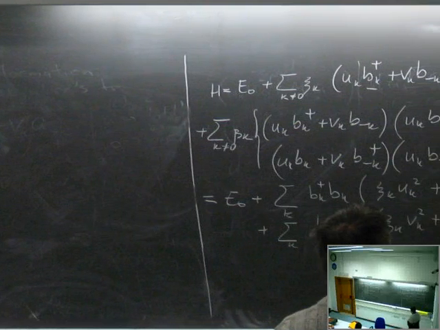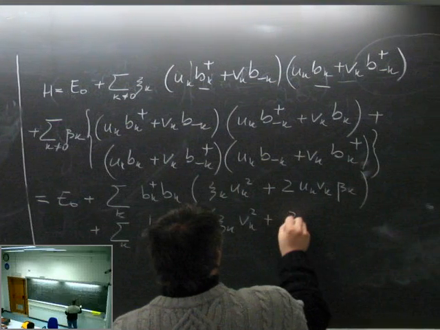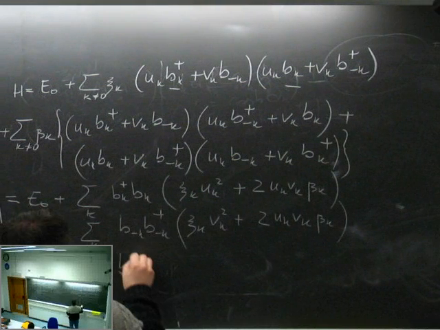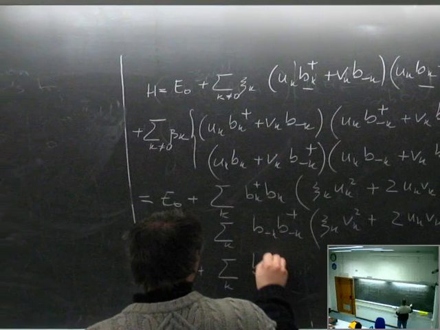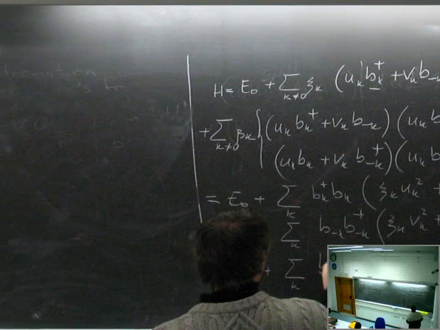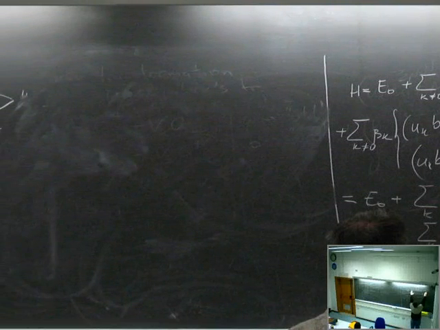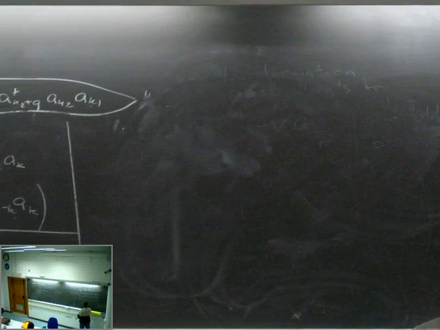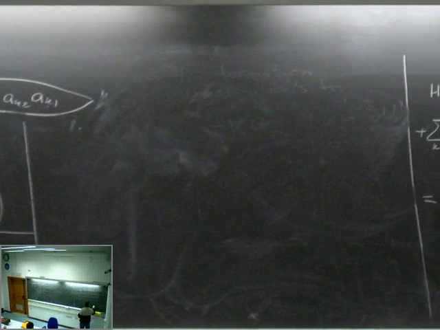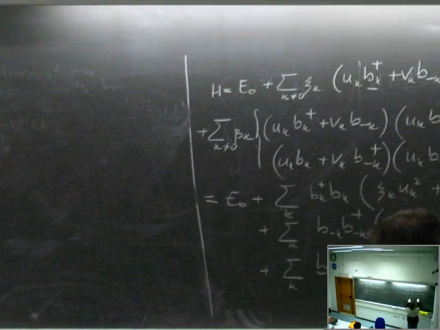Then I have the term plus sum over K, BK dagger B minus K dagger of the same structure as here. What's the coefficient? It's UV psi. Let me write UK VK psi K. And again, it is twice.